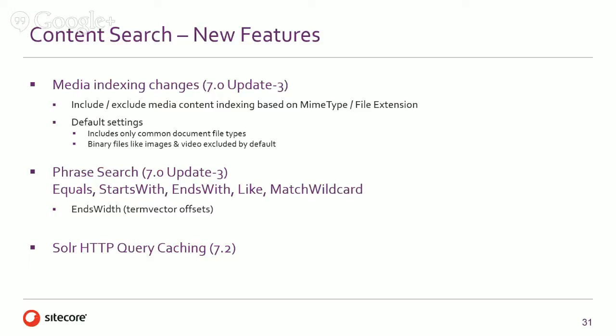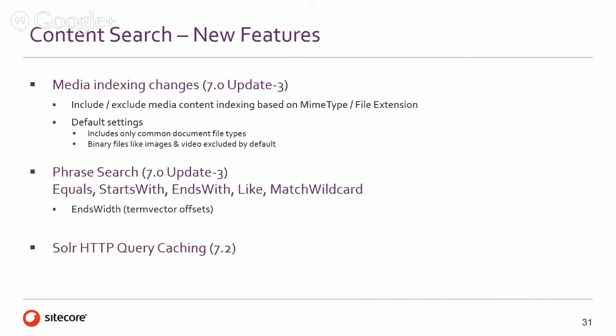And that also comes with a requirement for the configuration, that you have to store the terms with the term vectors for this to work. You will actually get an exception if this is not present in the index. Otherwise, we can't figure out if tokens are present next to each other.